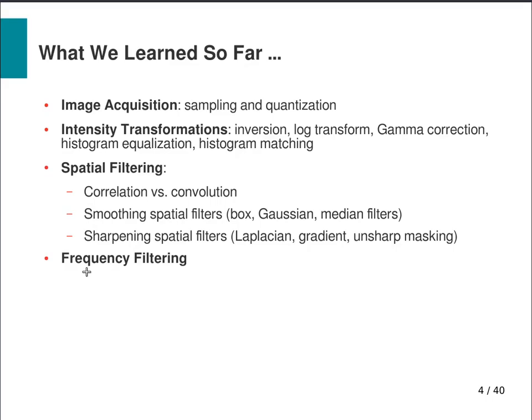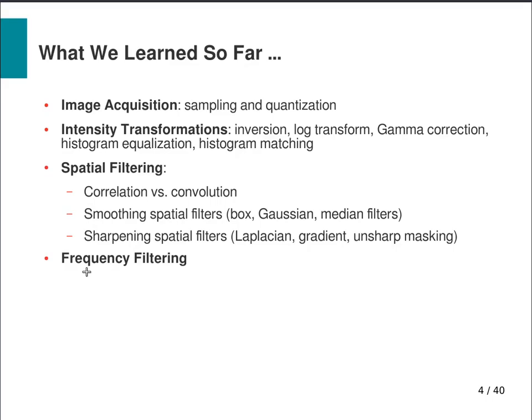At the beginning we started the topic using correlation, but then we extended that and we introduced convolution, and we concluded that convolution and spatial filtering are basically equivalent, and convolution has some nice properties that correlation doesn't have, so it's usually recommended to do convolution when we do spatial filtering as opposed to correlation.